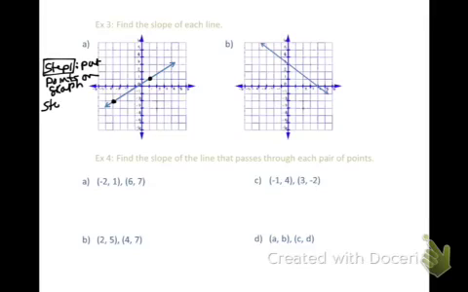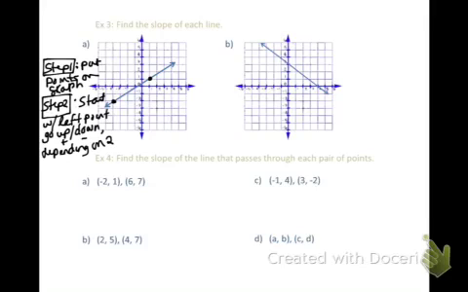Step 2: start with the left point and go up or down. That's a positive or negative depending on if you're going up or down, depending on the second point.